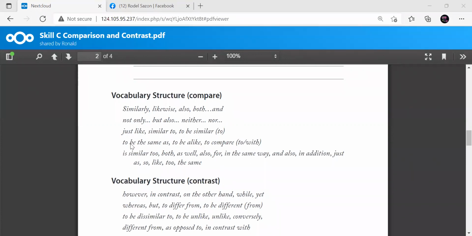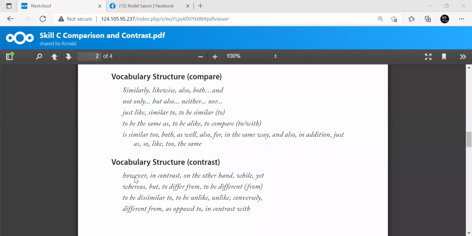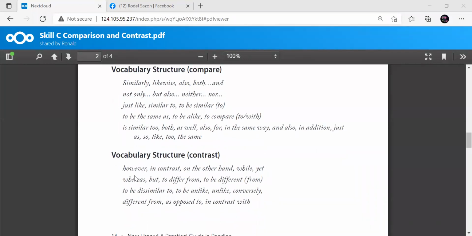Okay, moving on. How about contrast? You can read this part.